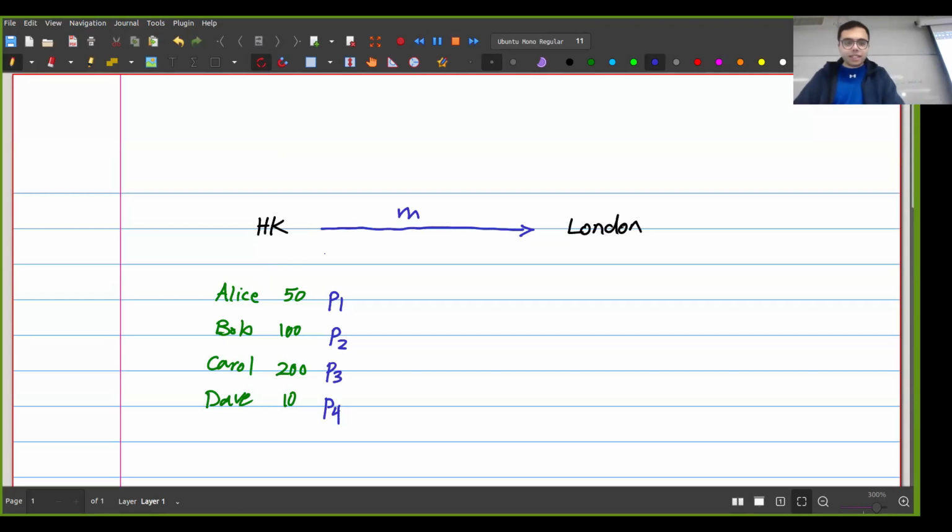Let's say this happens on day one: everyone does the deposit, and the Hong Kong branch gives them the proofs. On day two, each of them goes to the London branch. The London branch has already received the message M, but now each of them should be able to give the proofs they received from Hong Kong to the London branch and get their money.